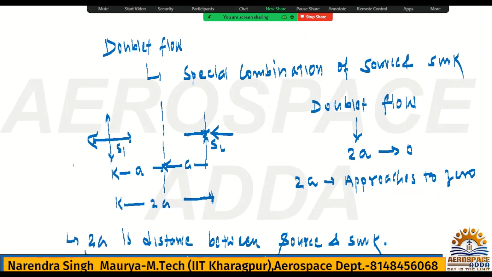This is the source and this is the sink. So the special combination, in a sense, what was the distance between that source and sink? 2A distance. If it is approaching towards 0, then it becomes a doublet flow. Hope you understood what is the special case. Okay, doublet flow is a special case.